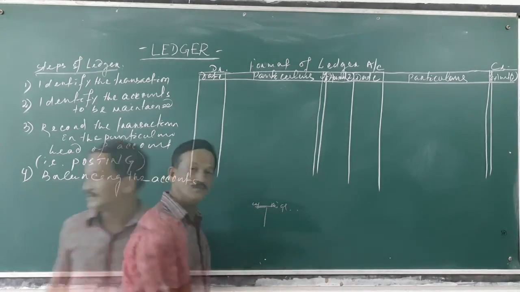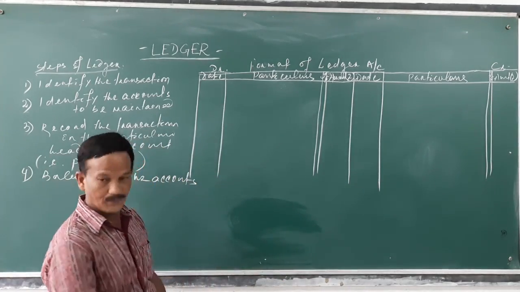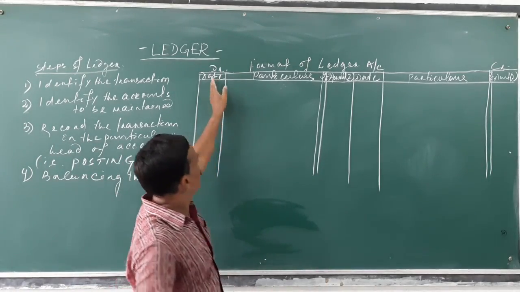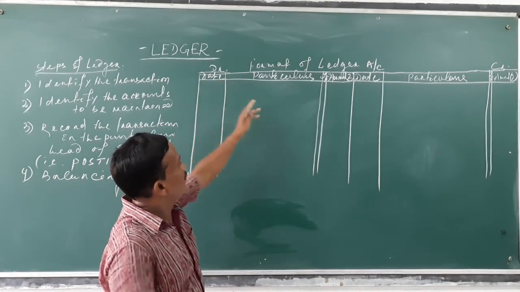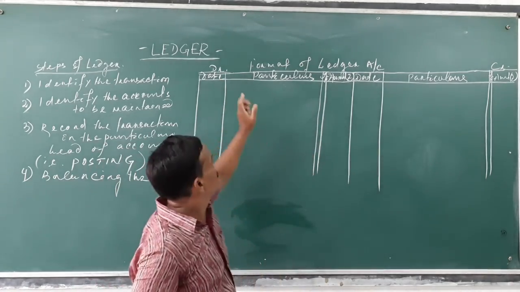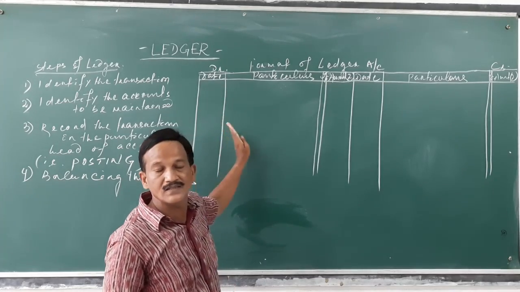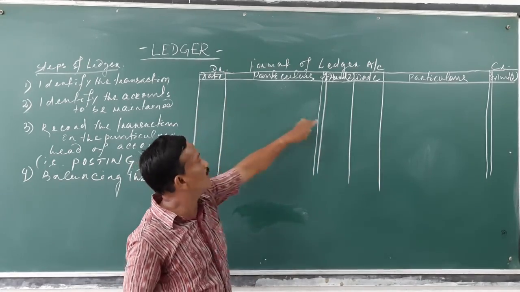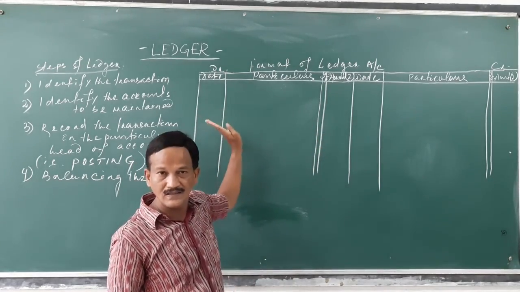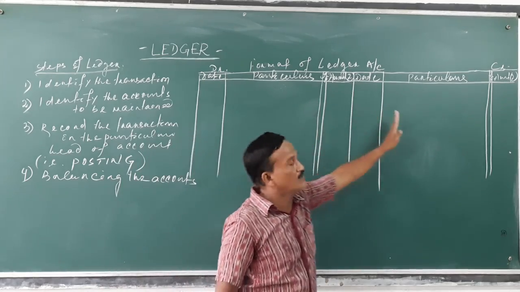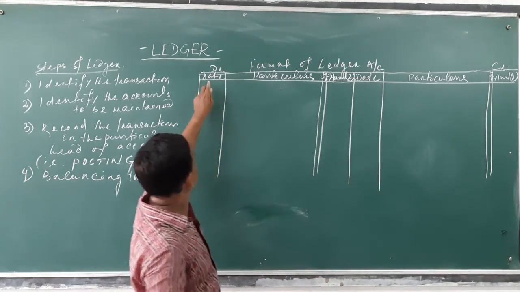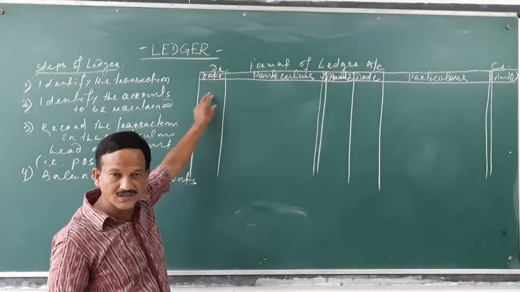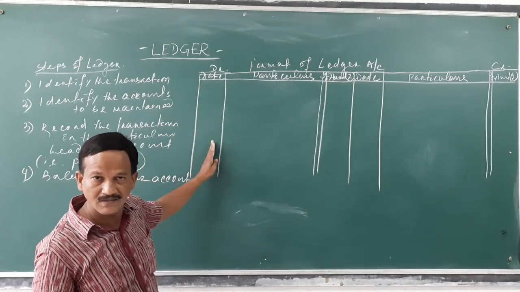So that is the account which is to be prepared, and this ledger account records the transactions on both sides. The same equal number of columns is maintained on the left side and also on the right side. First is the date column, the date of the transaction on which it is to be recorded.